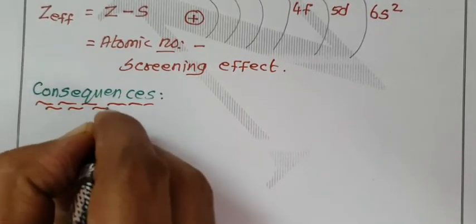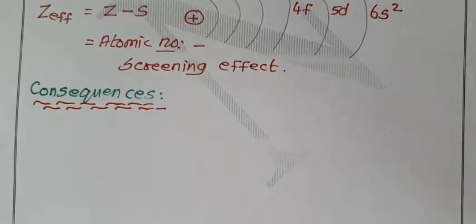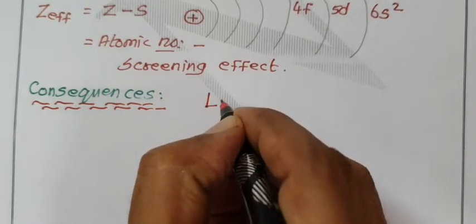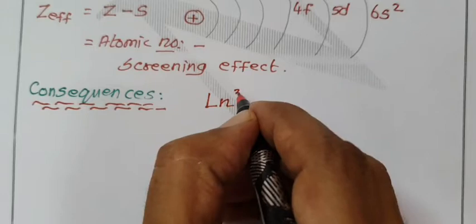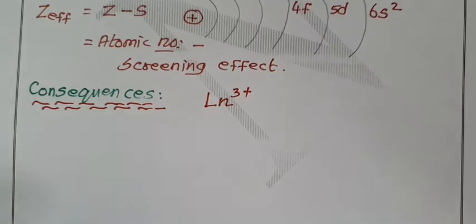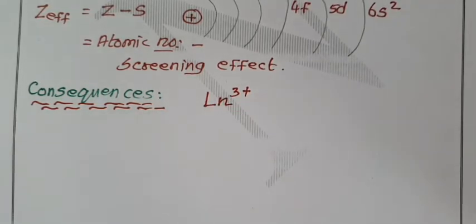Already we have discussed in the previous video that the common oxidation state of lanthanoids is +3.